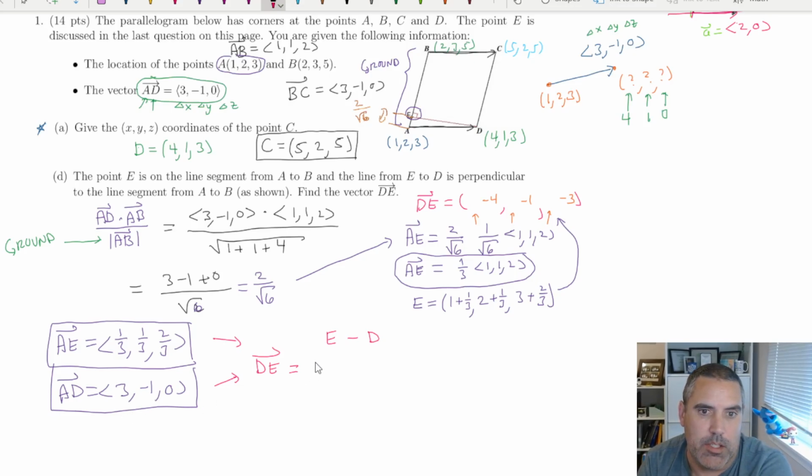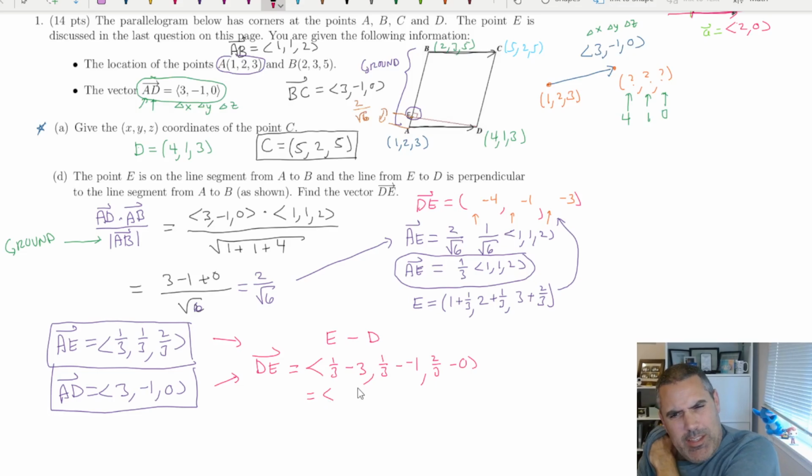So that's what I did in my solutions, is I did 1/3 minus 3, 1/3 minus -1, 2/3 minus 0. And it came out to be whatever it was. Let's see. That's going to be -8/3. This is going to be 4/3, 2/3.